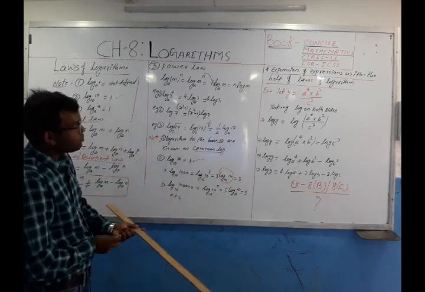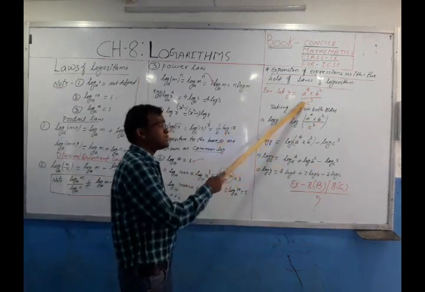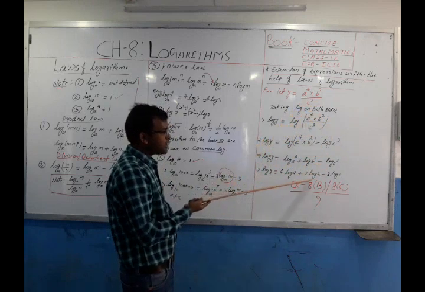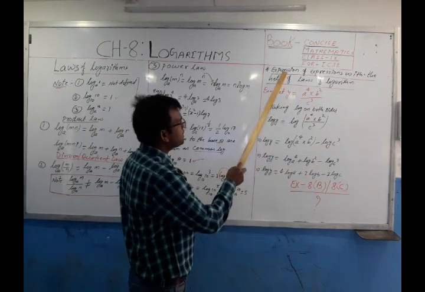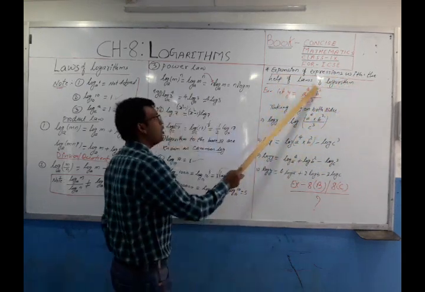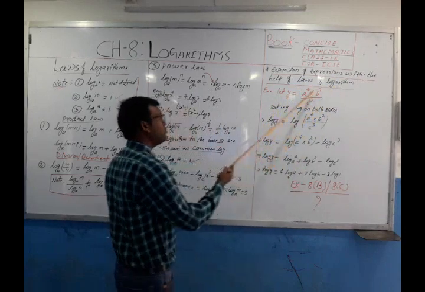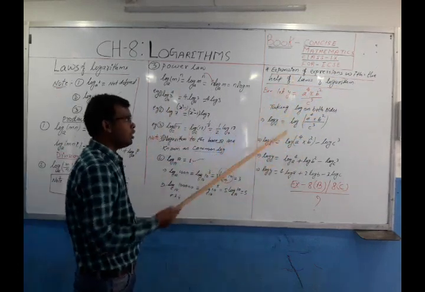Now, how do we convert complex expressions into the simplest logarithm form? That's why it is written here, expansion of expressions with the help of laws of logarithm. Some laws are already done, and now we simplify by using logarithms.